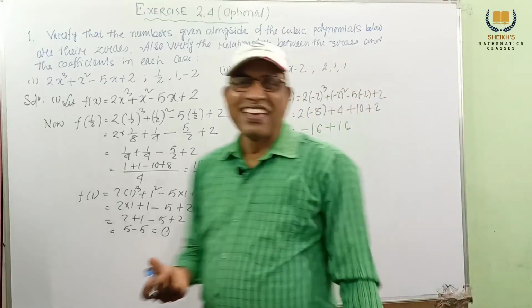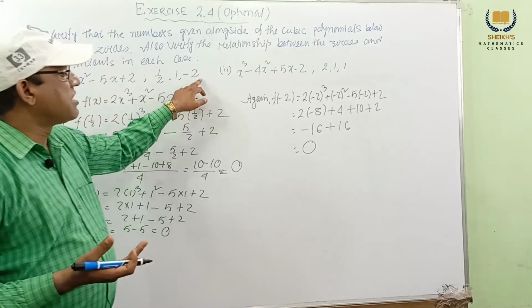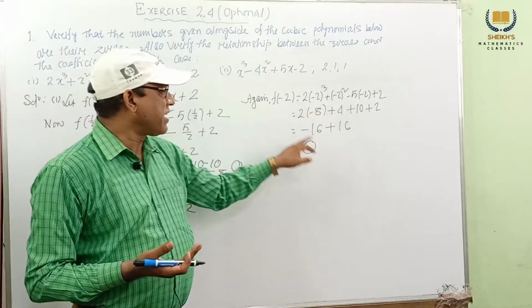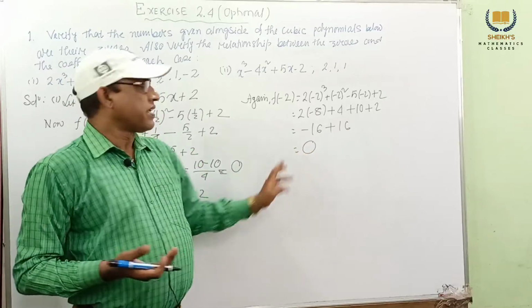So what we get? Three values are given, and these values are finally put in the given polynomial. For all of these we get 0.